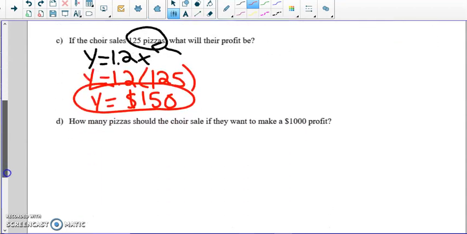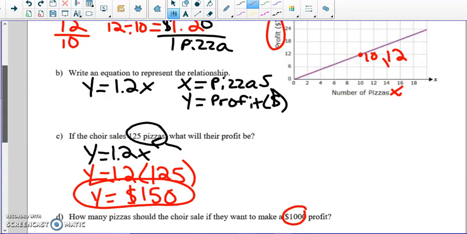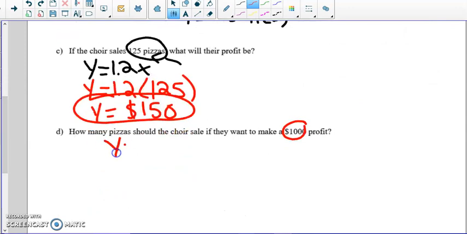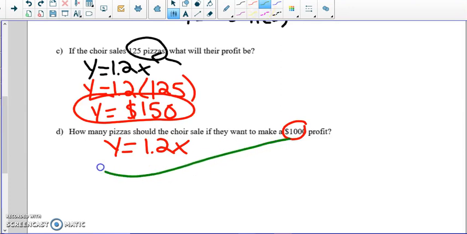Question D. How many pizzas should the choir sell if they want to make a profit of $1,000? So when I look at my variables that I defined, I know that y is the profit or money. So this time, back to my original equation, 1.2x, $1,000 is going to replace the y because y is money. So 1,000 equals 1.2x.